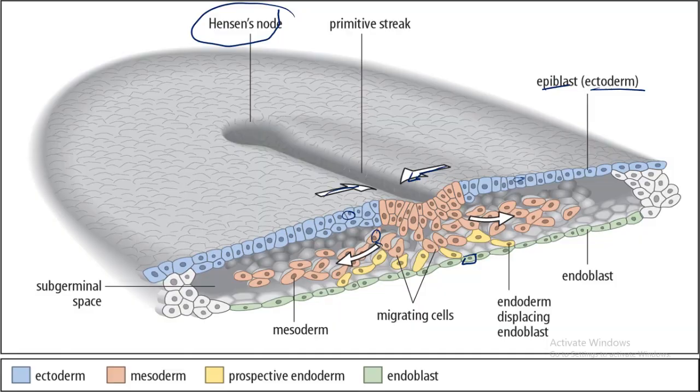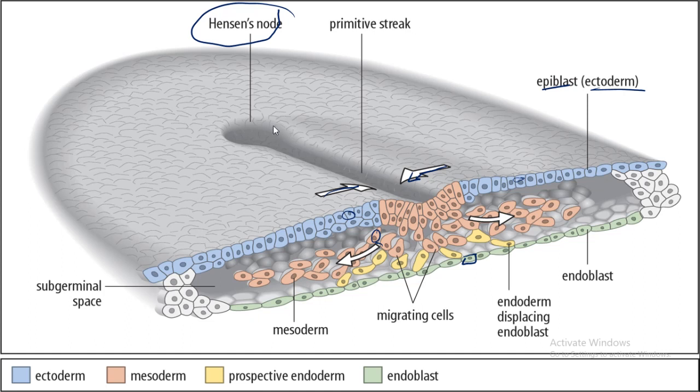With this being said, let's quickly look at the formation of the main inducer of the nervous system, and this is the notochord. The notochord is just a solid-like structure, and this solid-like structure comes from the notochordal plate.